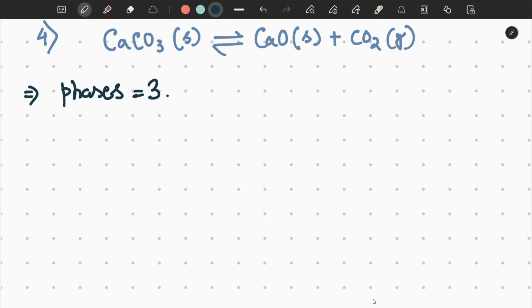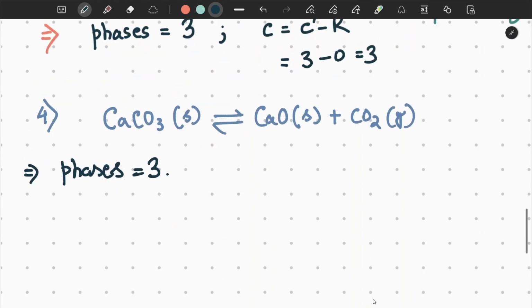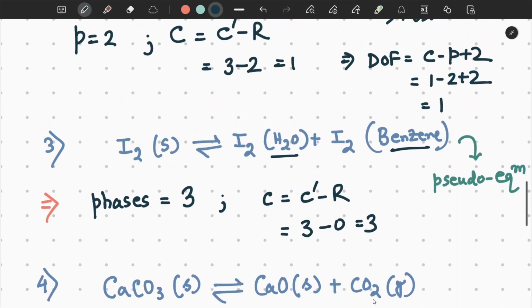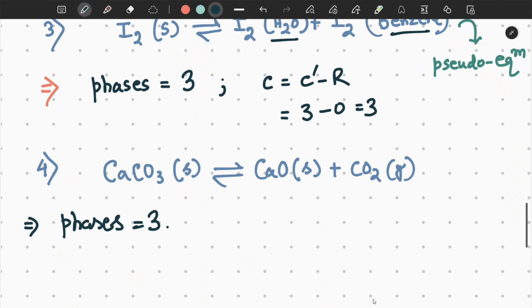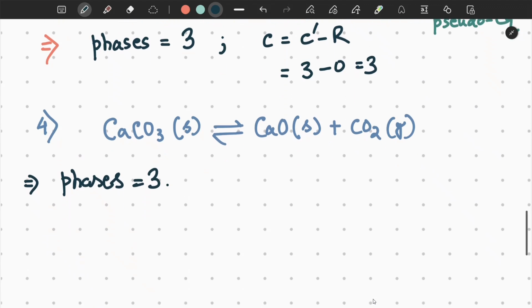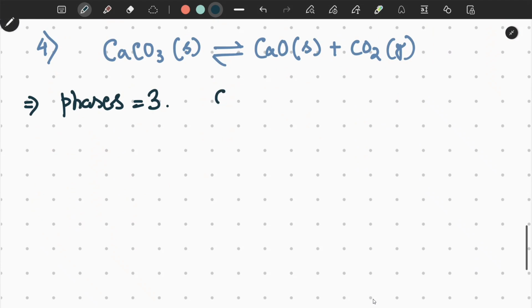For liquids, it will depend on miscibility. Water and alcohol will mix, so one phase. Oil and water are different phases. So phases are three.